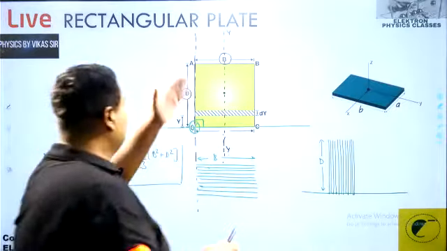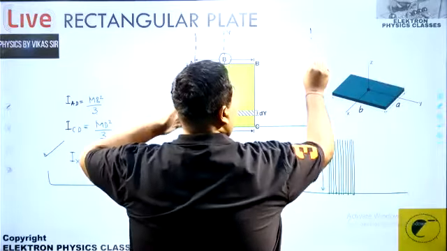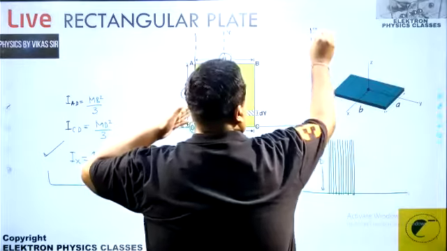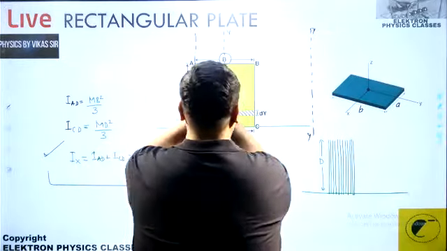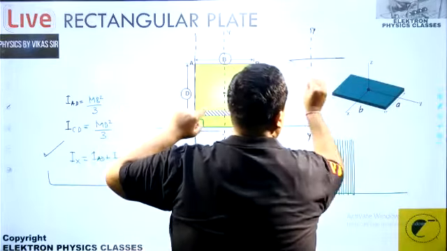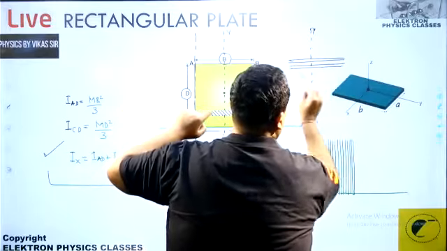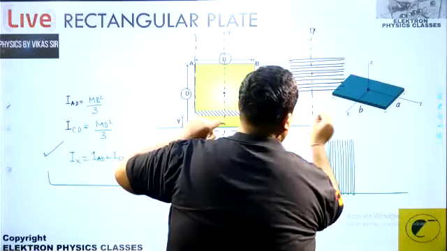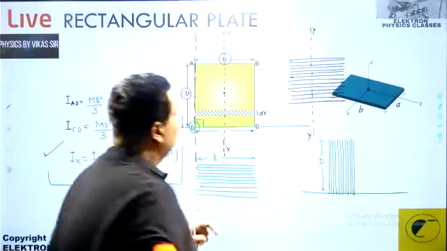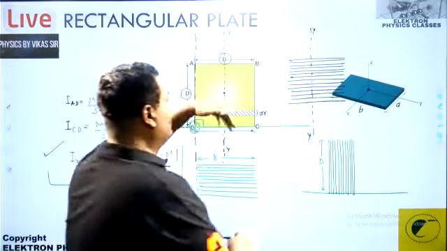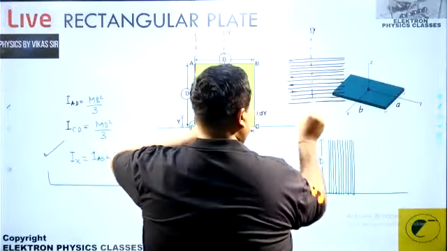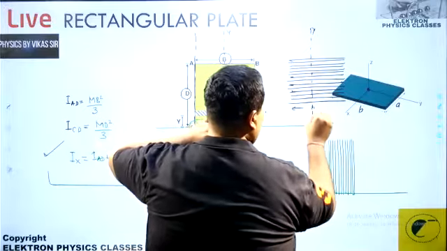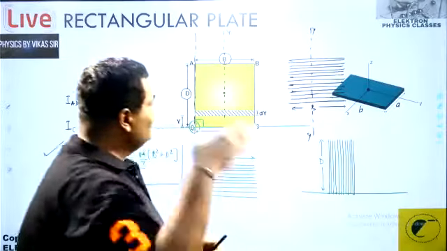Now, if I create a figure for this axis, that is the YY axis, I have these rods like this. Imagine this as a system of rods like this. So what about all these rods? These are perpendicular to this, of course. And if the length of them is L, currently the length is given as B, but the axis is passing through the center of each rod.